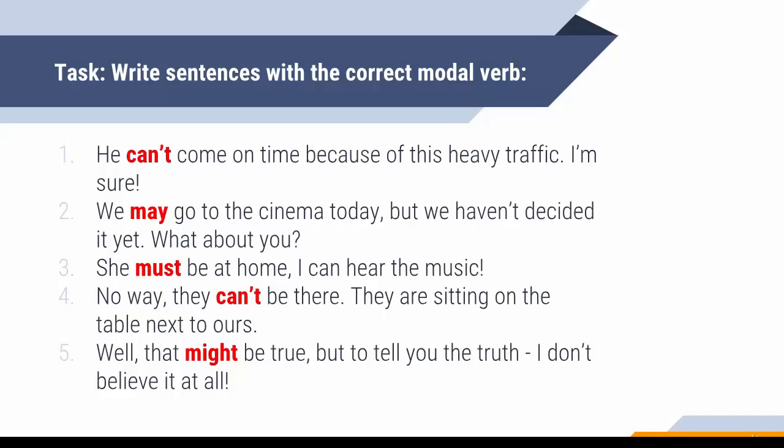Well, that might be true, but to tell you the truth, I don't believe it at all. That might be true. It's possible to be true. There is a slight chance here. Look at the second part of the sentence. I don't believe it at all.